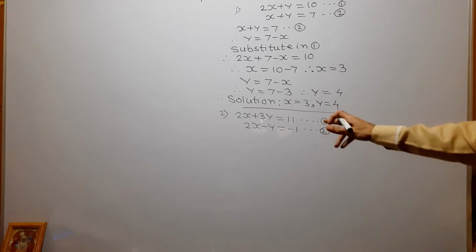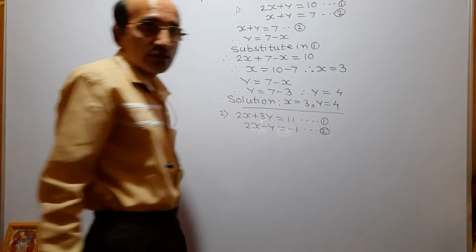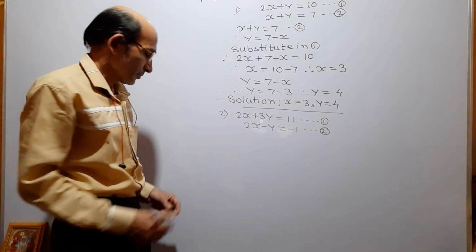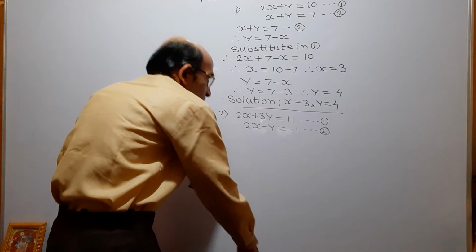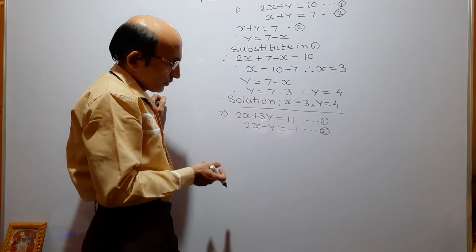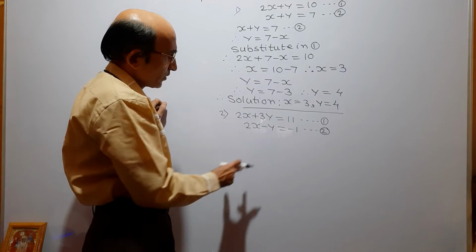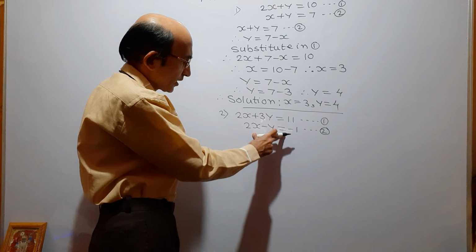One more problem. 2x plus 3y equal to 11 and 2x minus y equal to minus 1. We take the value of one variable in terms of the other from any one equation. You can see that it is convenient to take the second equation.